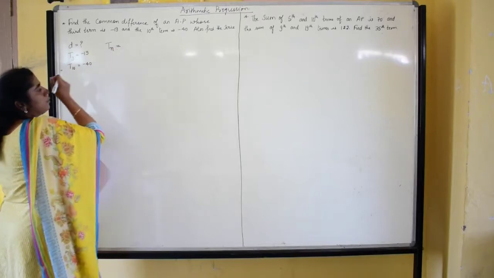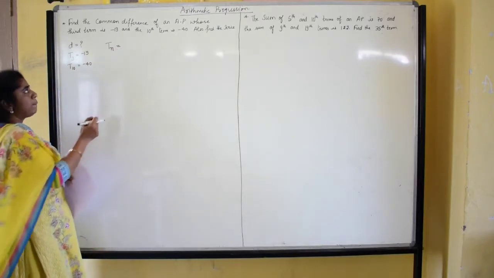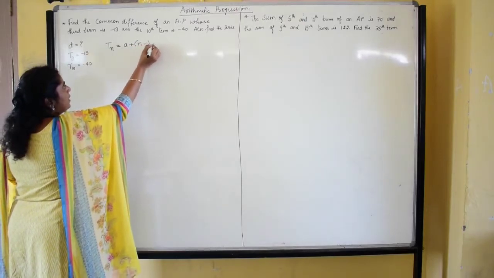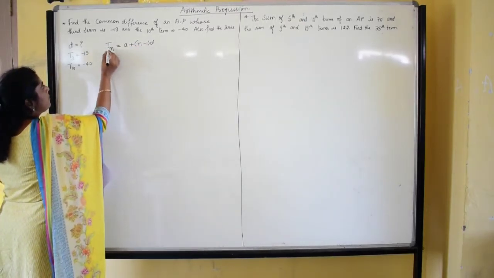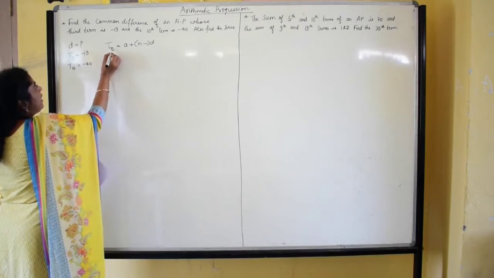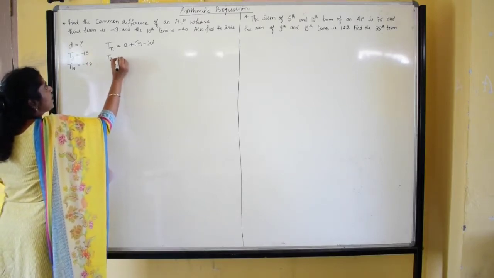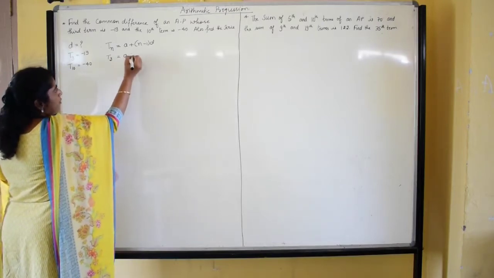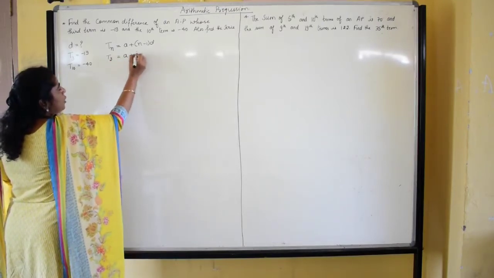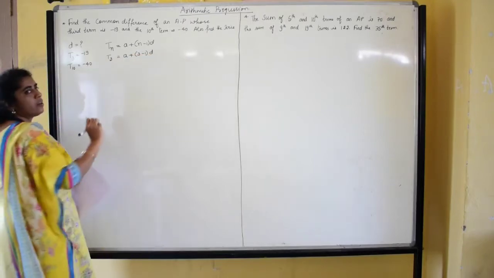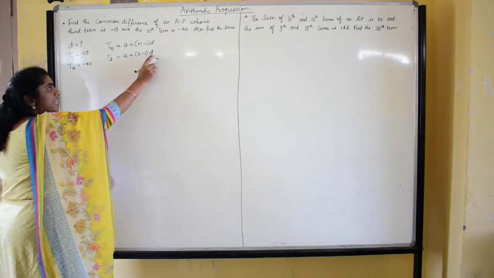Tn, the nth term of an AP, is equal to A plus (n minus 1) D. Substitute the values given. In place of Tn, we have the third term T3 is equal to A, which is not known, plus (3 minus 1) D; the common difference is not given in the problem, so we write D as it is.